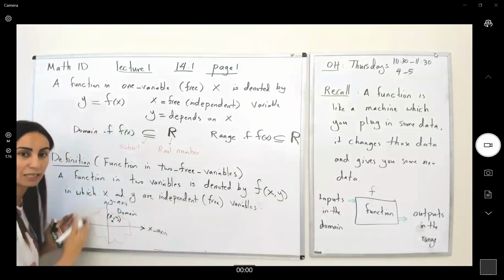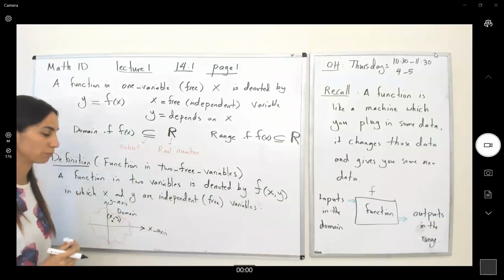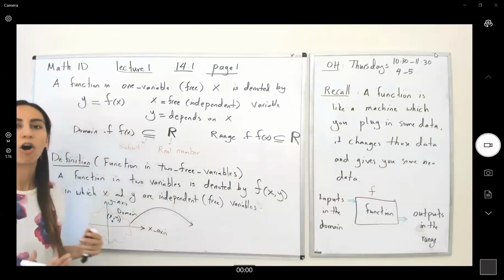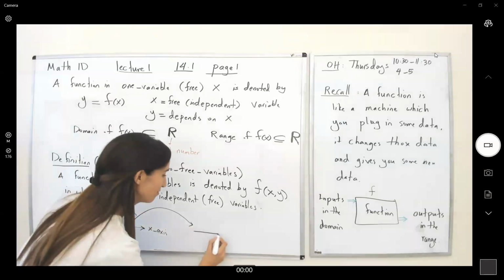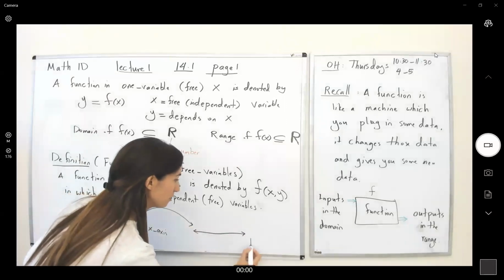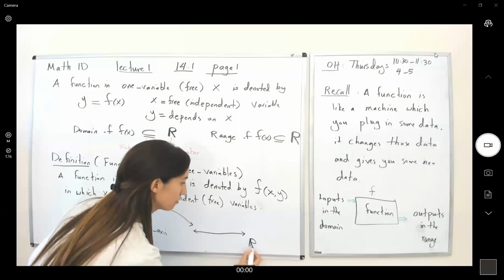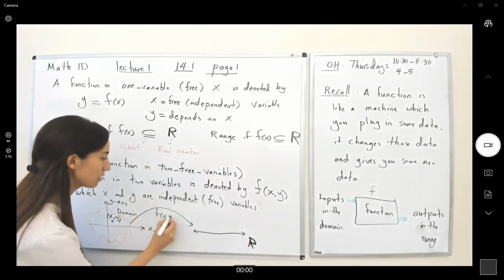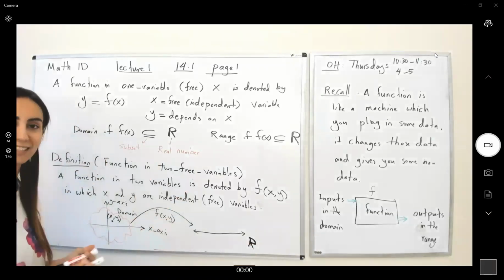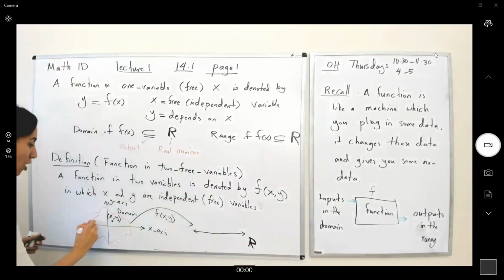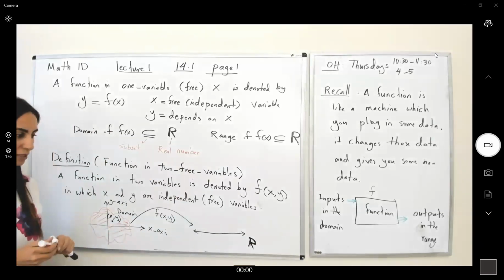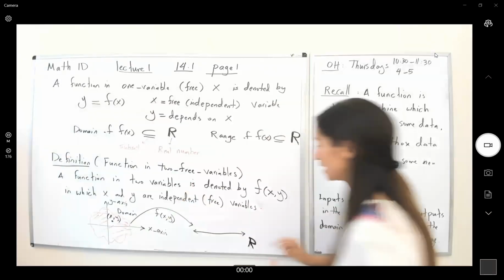So the domain is a subset of xy plane and it maps the domain into R. This is f of x, comma, y. Again, the domain is a subset of the plane. This is your domain. And range is a subset of R.